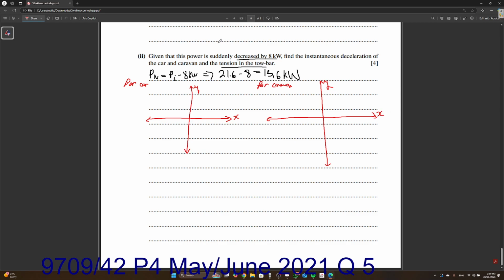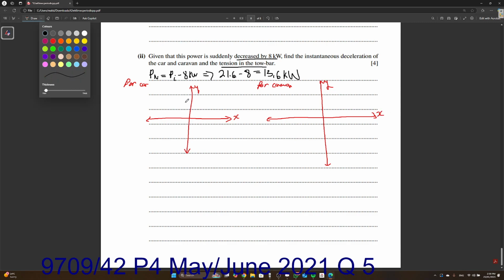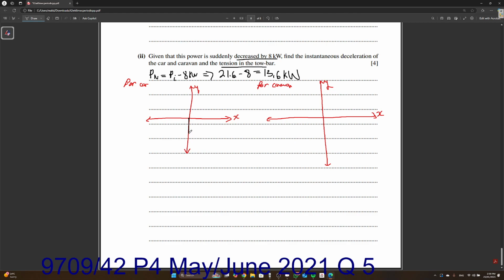We have the weight of the car, the driving force, or what I like to call E, the normal reaction, the resistance of the car, and you also have tension.